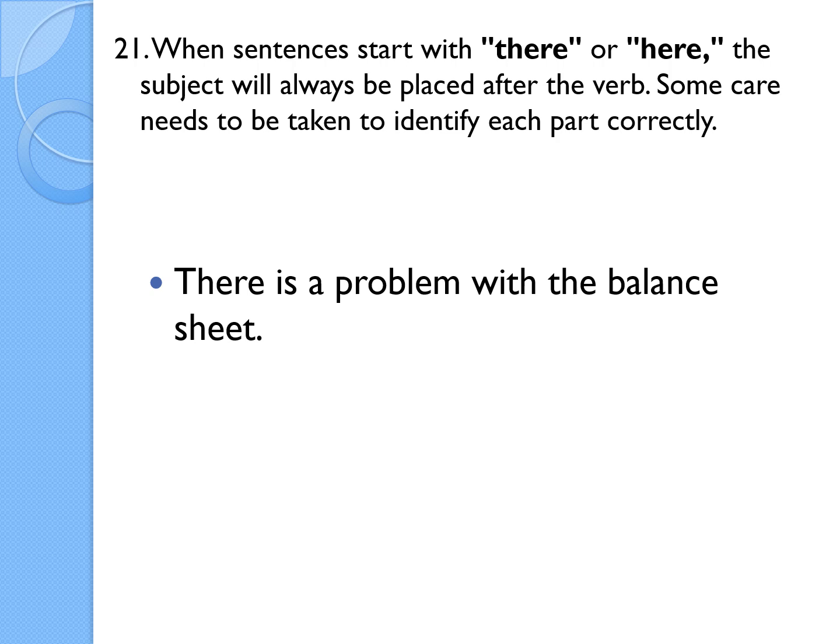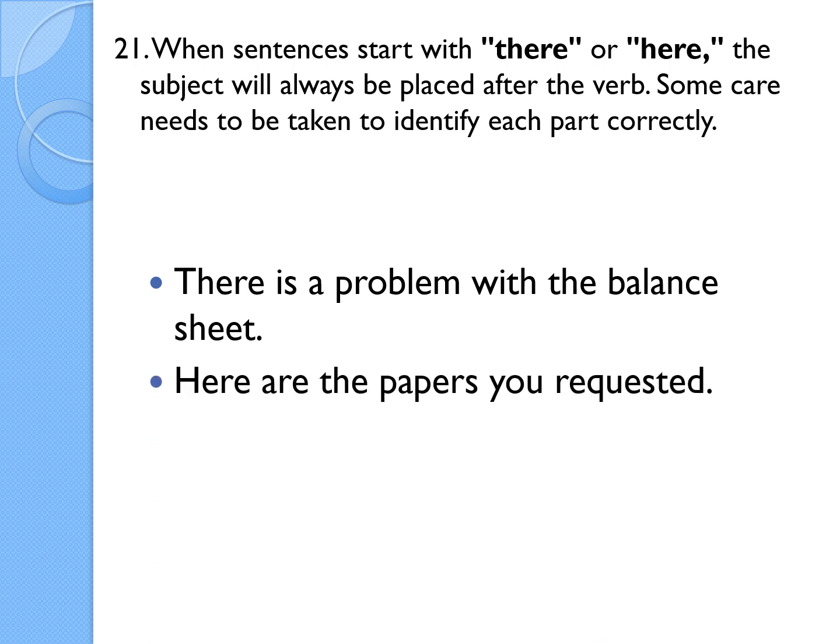Problem is only one here, so the linking verb used is a singular linking verb. Here are the papers you requested. Here is used in the sentence. The subject is papers. It is plural. The subject papers is after the linking verb are. And are is used because the subject papers is also plural.